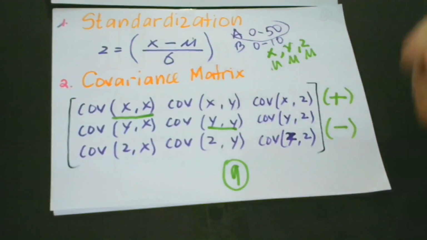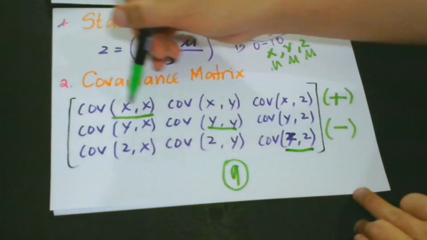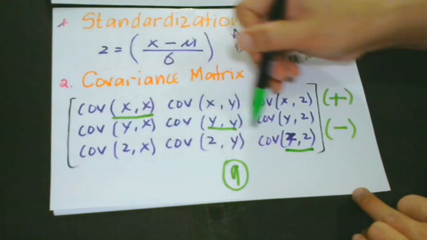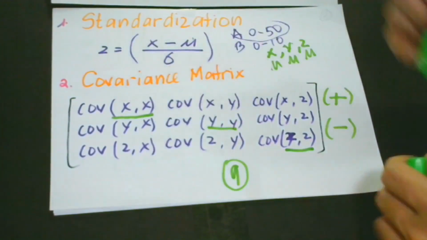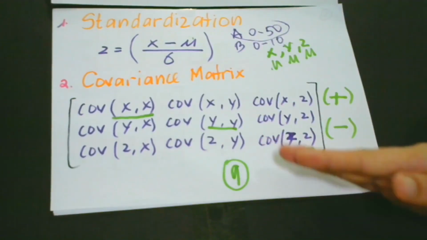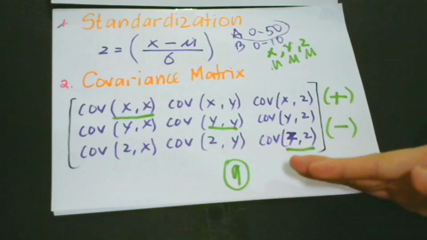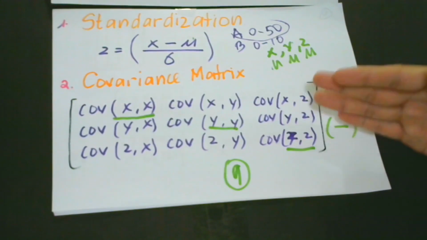Then we have z with itself. So again, this is the diagonal covariances, and what you could see here is the covariance of the variable with itself. So this kind of covariance matrix is actually what we call symmetric.